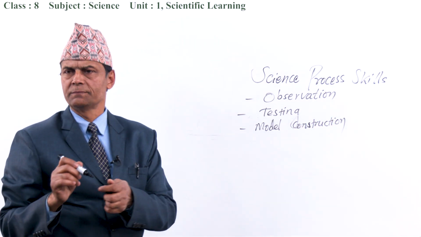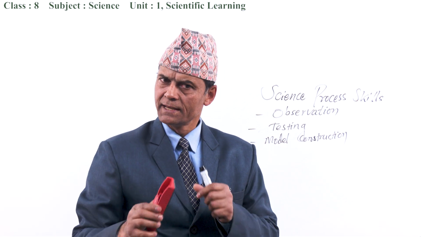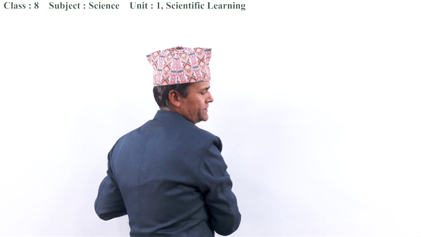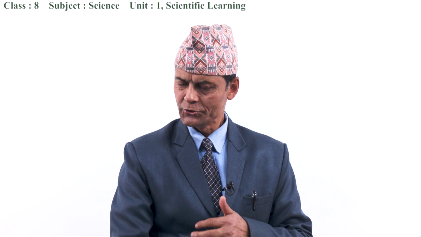Yes, these are some of the skills, isn't it, in which scientific process skills are involved. Dear students, have you been involved in such types of activities? Of course, you must have been involved in such scientific activities.